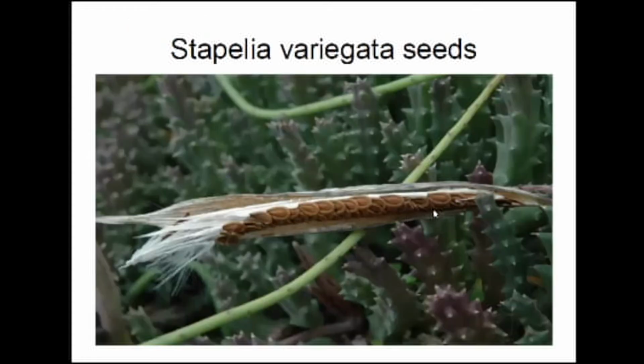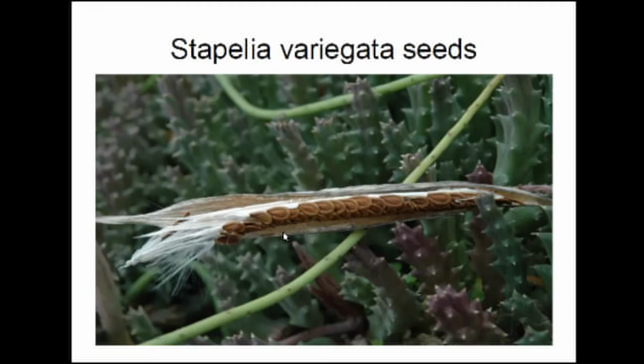They are packed with seeds, and because the seeds are quite hairy, they have hairy structures at their tips, so they are designed to be blown away from the plant by the wind. So this is an open seed pod of Stapelia variegata.